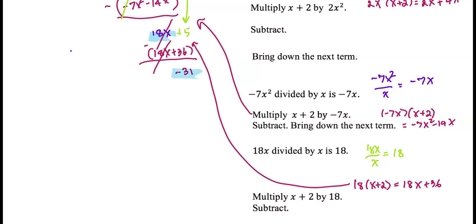So far, we have the result negative 31, which has the power of x to the 0, a lesser degree than the divisor. So this is the remainder, because the degree is less than the divisor. We call it R of x, the remainder.